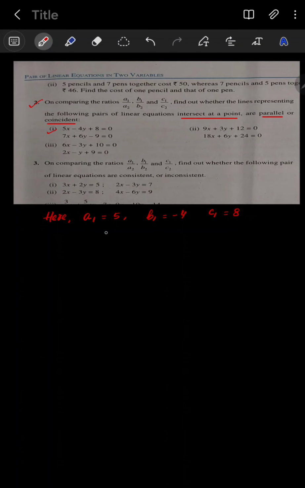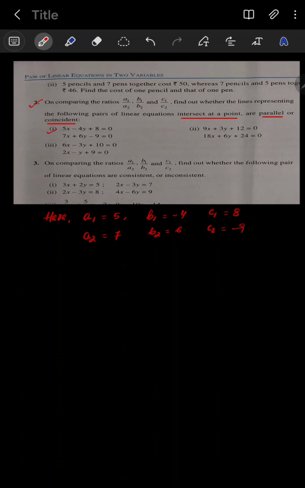Now from the second linear equation, a2 is the coefficient of x, that is 7, then the b2 value, the coefficient of y, that is 6, and the constant term c2 value, that is minus 9.